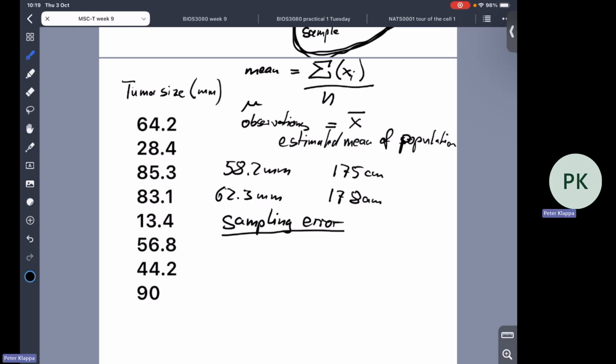Huge population then. But it has one defined mean. And when I take samples, these samples will most likely be different from each other because of the sampling error. So whenever you take a sample, there will be a sampling error.